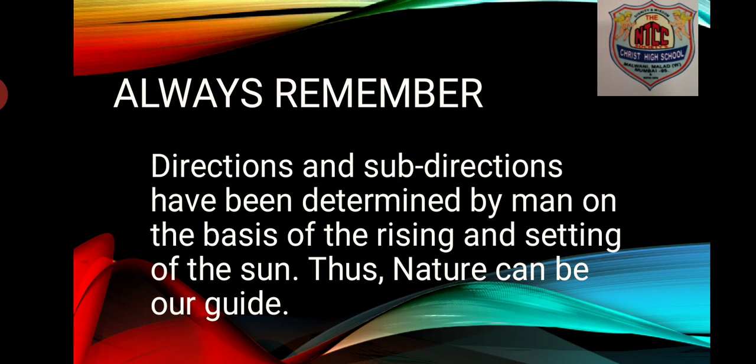Students, always remember, directions and subdirections have been determined by man on the basis of the rising and setting of the sun. Thus, nature can be a guide. I already told you, we decide the directions on the basis of the rising of the sun.